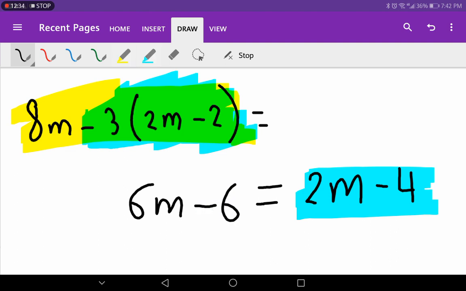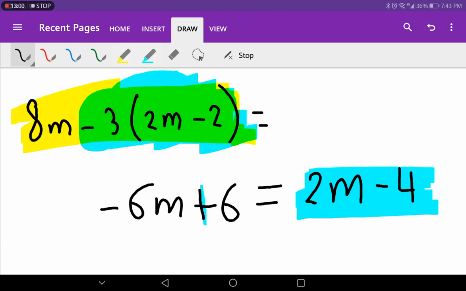And this is a mistake because actually it is not 3, it is negative 3. So it will be negative 3 multiplied by m, negative 6m, and negative 3 multiplied by negative 2 equal positive 6. Okay, are you happy now?